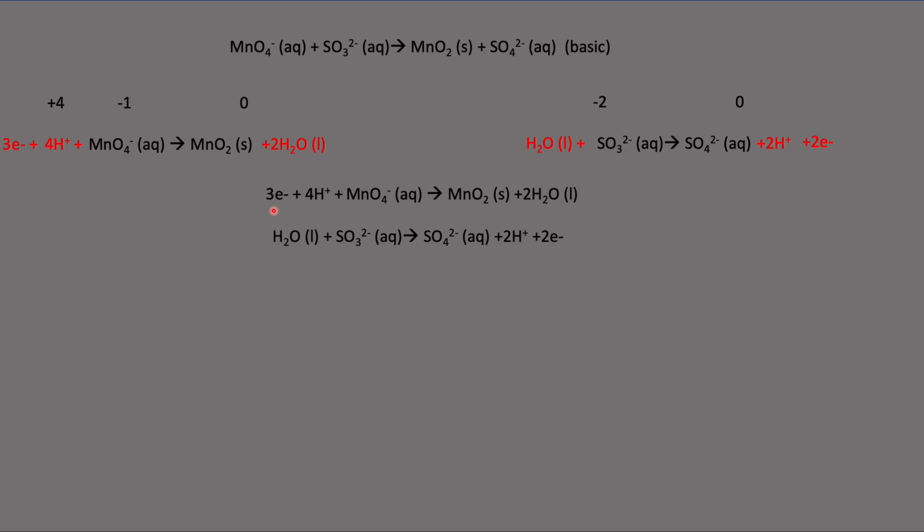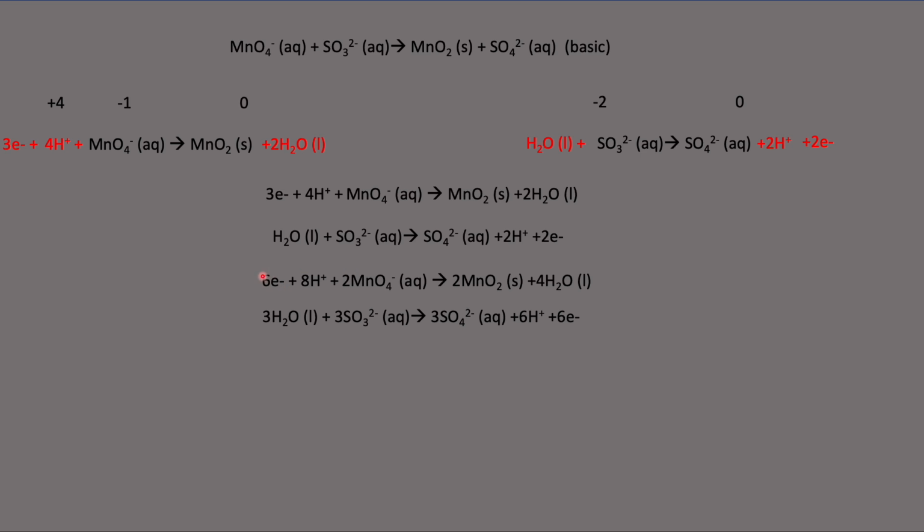So what's the lowest number that we can multiply this reaction and this reaction by so that they match? The answer is we'll multiply this by 2 to get it to 6. We'll multiply this by 3 to get it to 6. So that's what we're going to do here. Multiply by 2. Everything gets multiplied by 2, as you can see. And this equation here, everything gets multiplied by 3.